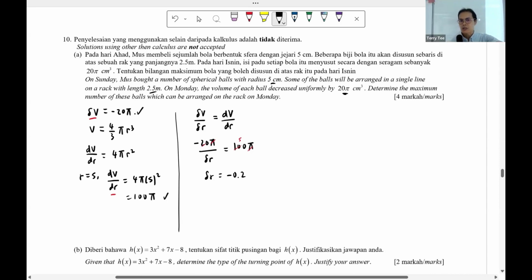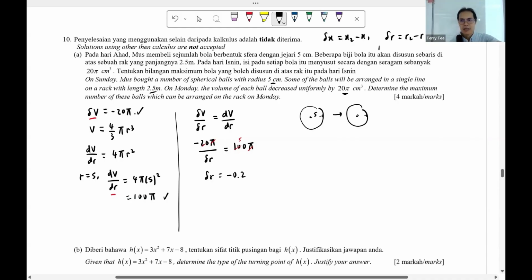Okay, that means that initially, this is a spherical ball. Your radius initially is 5. Now, it reduces to what? It reduces by 0.2. You need to find the new radius. Okay, remember, normally we say delta x is what? x2 minus x1, correct? So your delta r will be r2 minus r1.